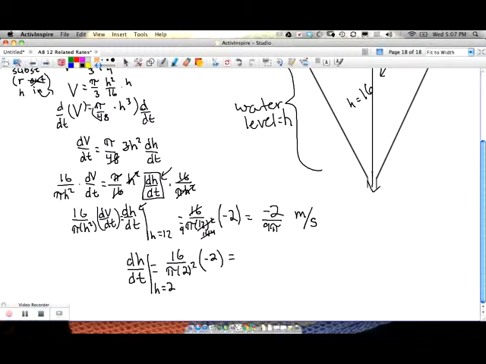So we would get this 2 squared and the negative 2, those would simplify to negative 1 and a 2 on the bottom. So then I'll have negative 16 on top and 2 pi on bottom. That would simplify even more. The 2 and the 16 would become negative 8 on top over pi. What's our units? Same thing as last time. Meters per second.